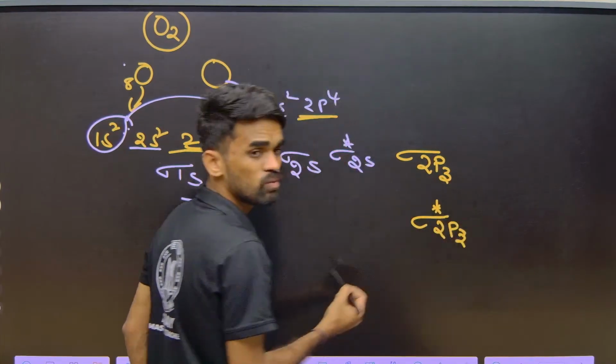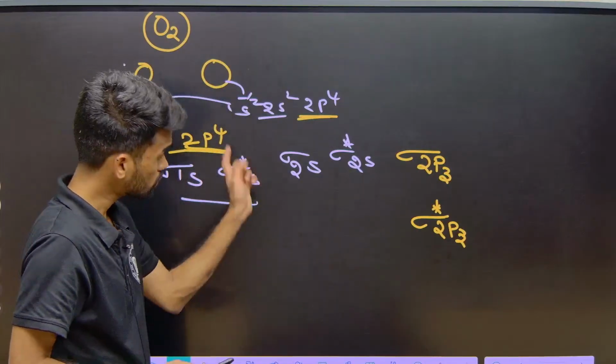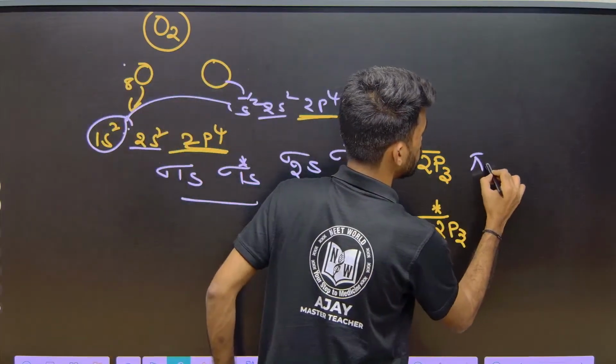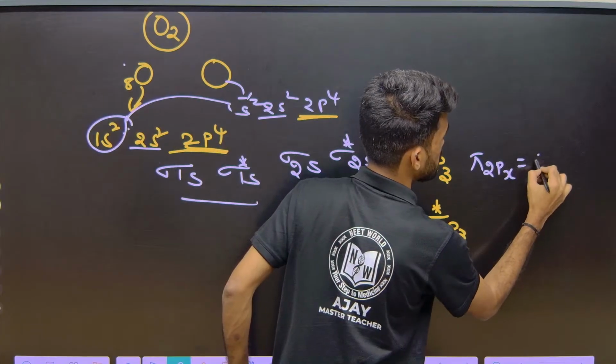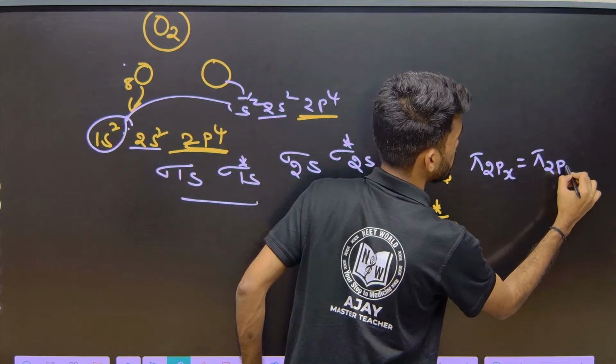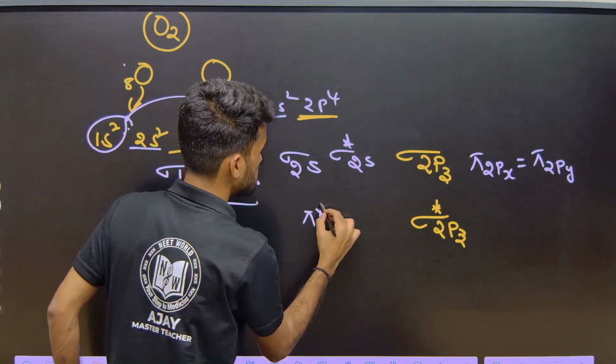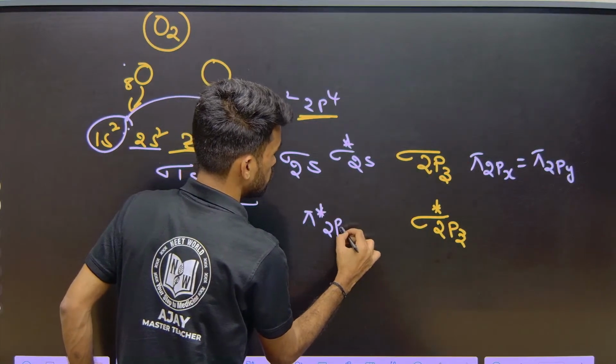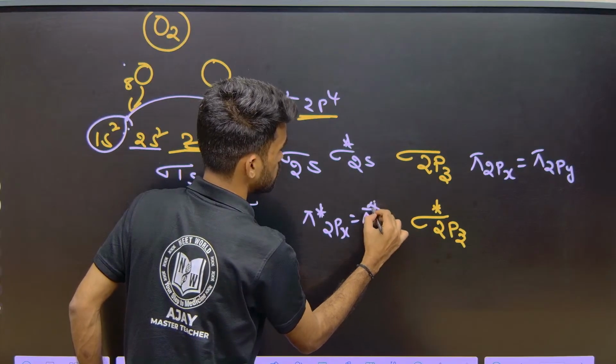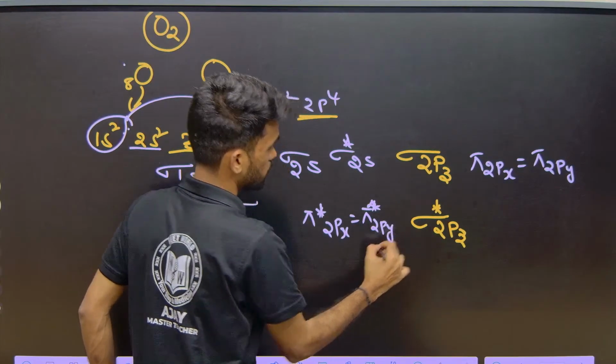After this, what do we have? Pi 2px, which equals pi 2py. And with respect to anti-bonding, pi star 2px and pi star 2py.